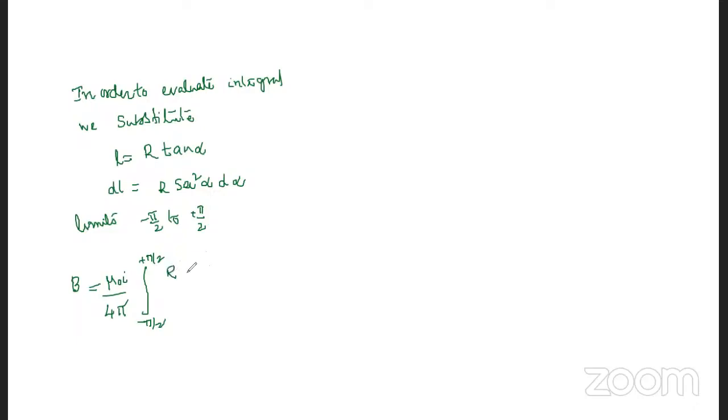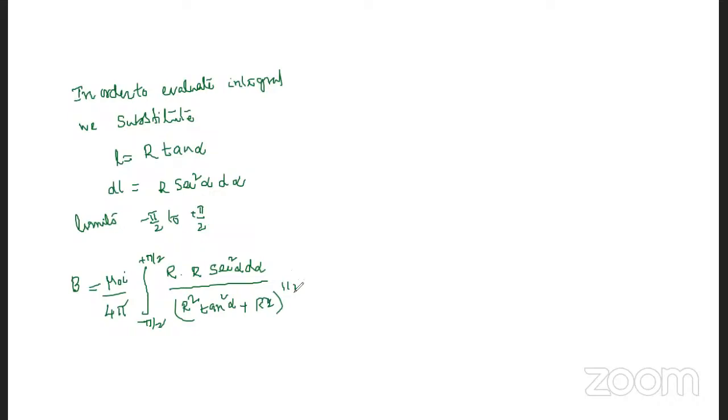In place of dl, we have R into secant square alpha d alpha, divided by L square plus R square. L is R tan alpha, so L square is R square tan square alpha plus R square, whole to the power of 1 by 2.